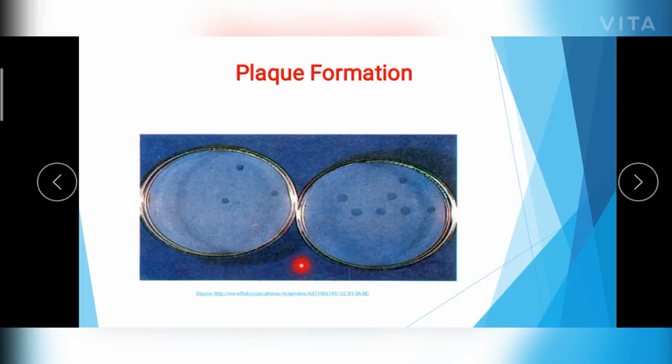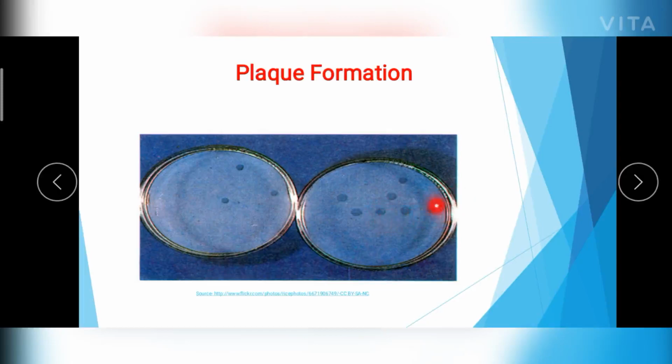In the picture which you are seeing, these plates represent a lawn of bacterial cells, and here and there you are able to see some clear zones. These zones represent the lysed bacterial cells. The bacterial cells are lysed in these portions due to the attack of the lytic phages.